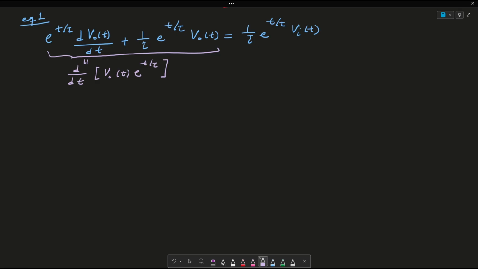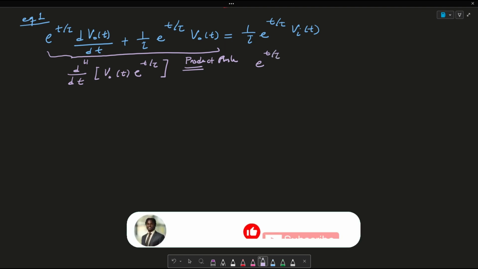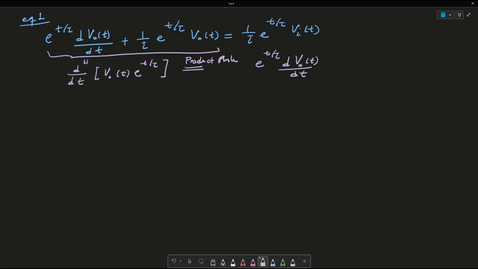Essentially the reason I can do this is that if I take the derivative of Vout(t) e^(t/tau), what do I get? Using the product rule, again from calculus, I leave one of the terms alone, so let me leave e^(t/tau) alone, and then I take the derivative of my second term, dVout(t)/dt.